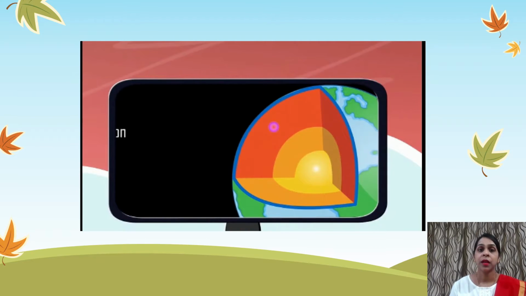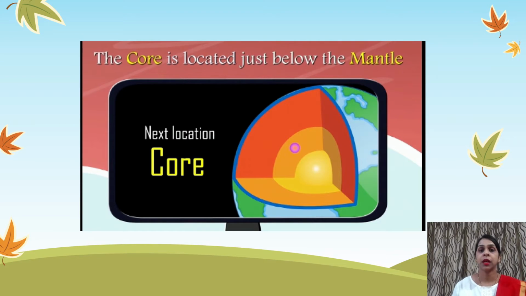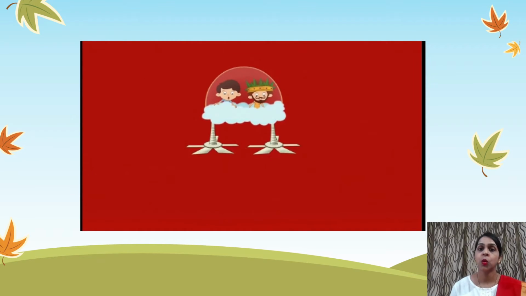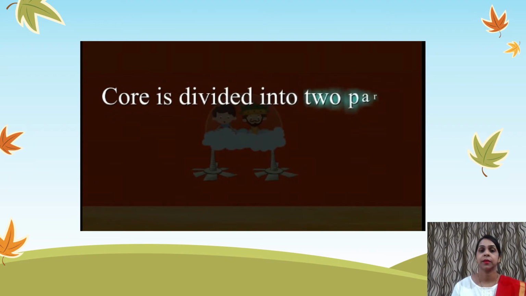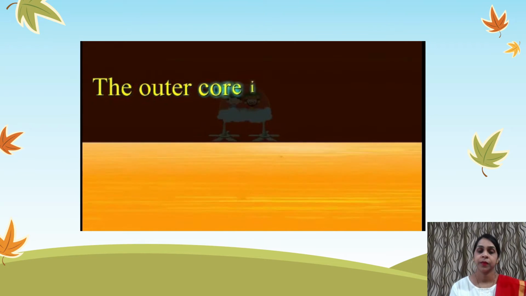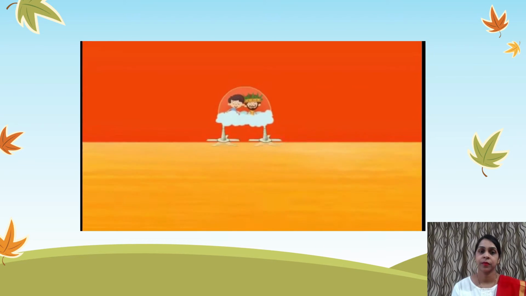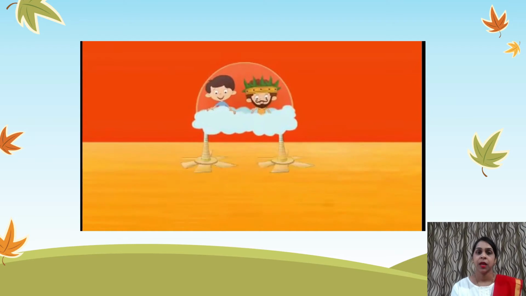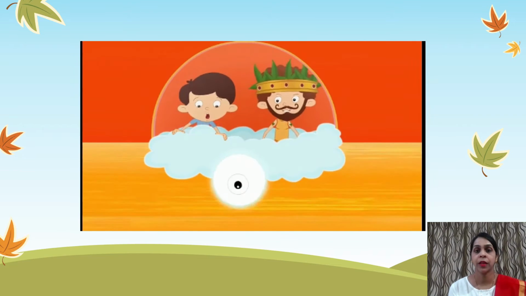After the mantle, there is the core. It is extremely hot. The core is divided into two parts, inner and outer core. The outer core is in a liquid state, and the inner core is in a solid state, as you can see here.